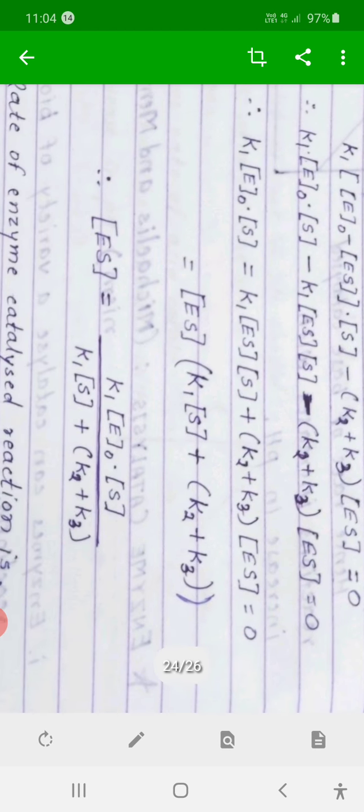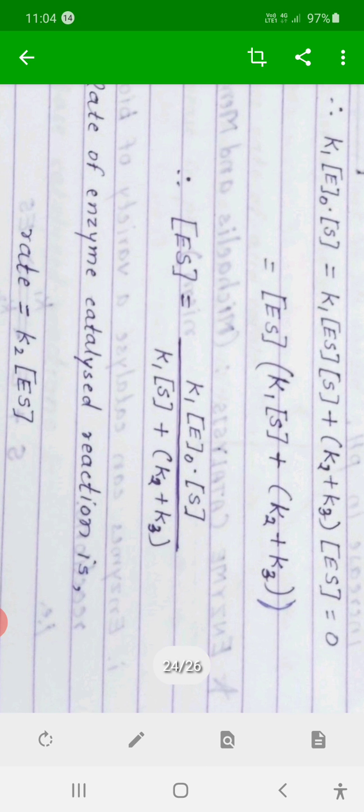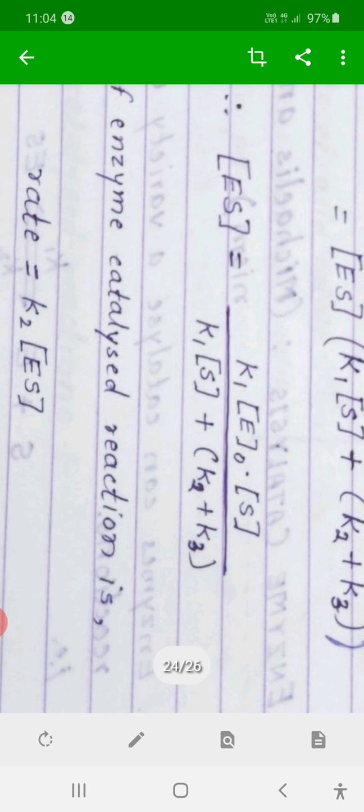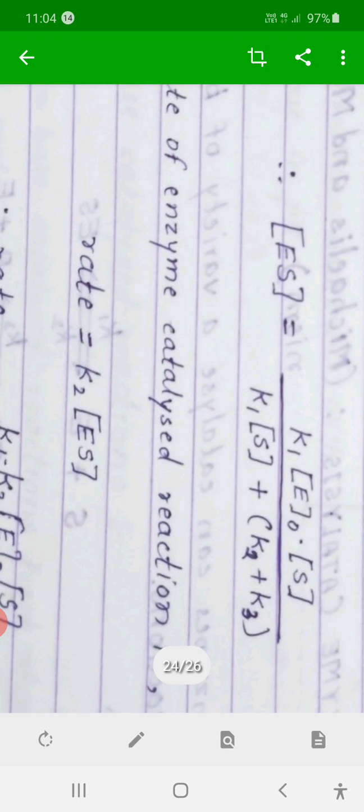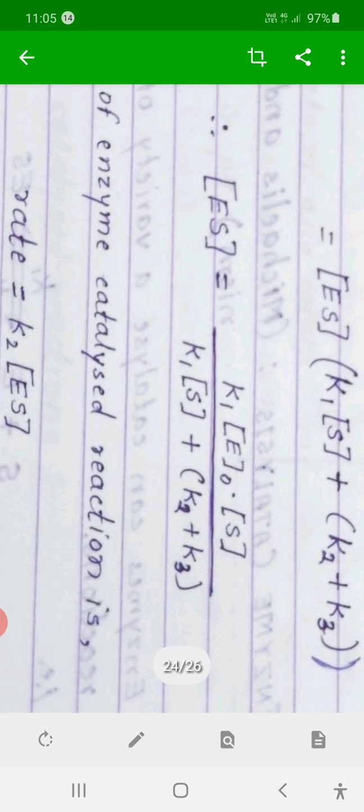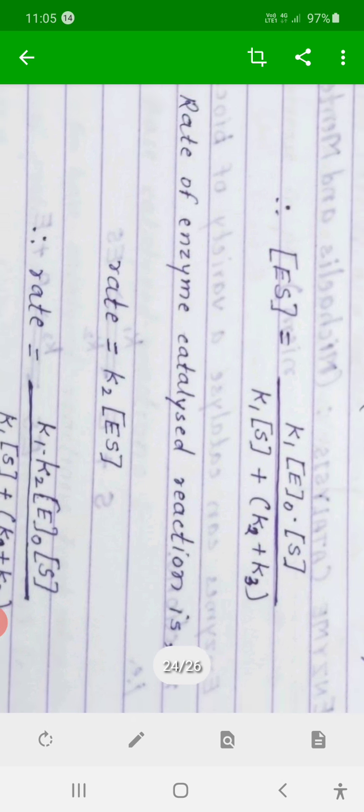This one is the equation for the concentration of ES. Then substitute the concentration of ES in the rate of product formation equation, or reaction rate equation.